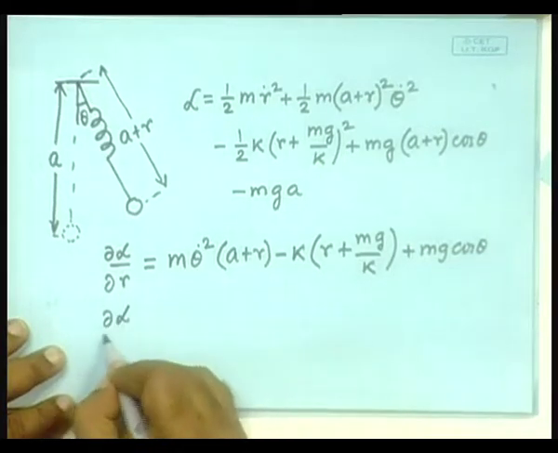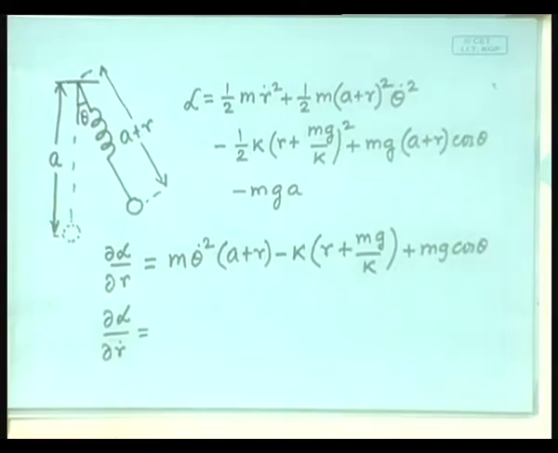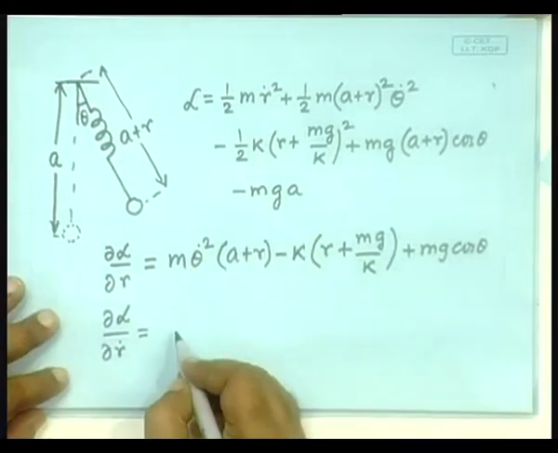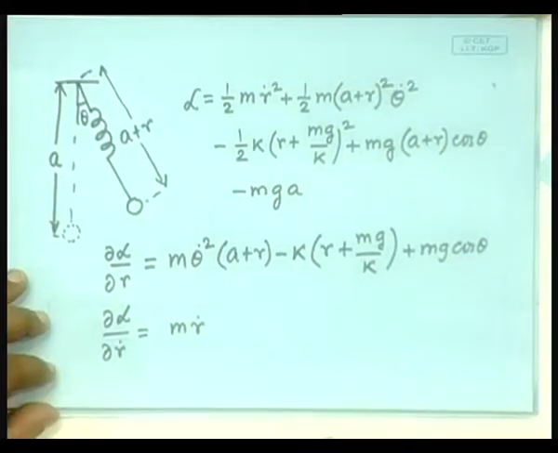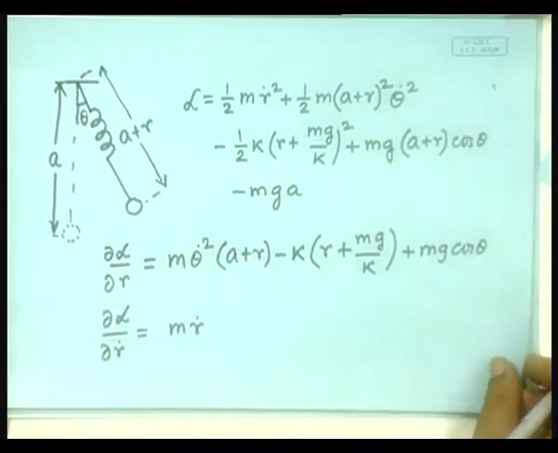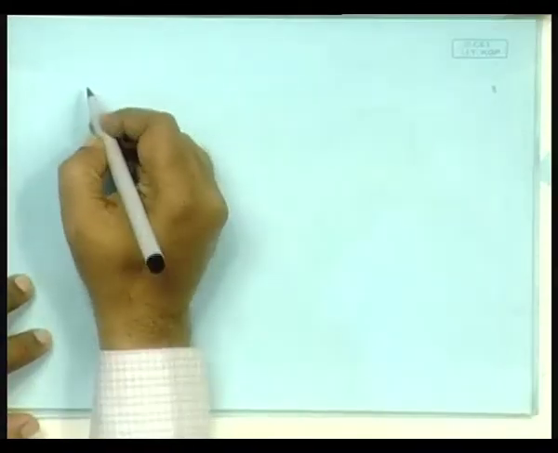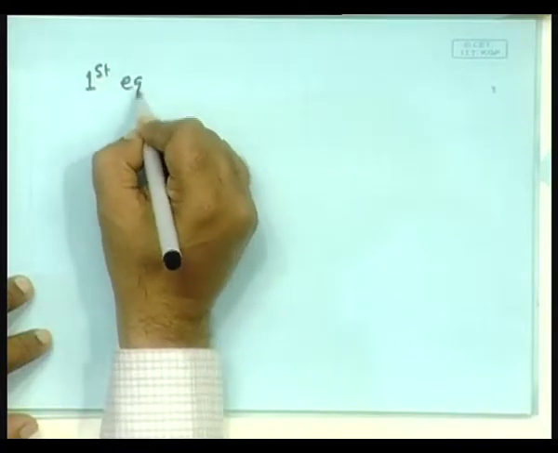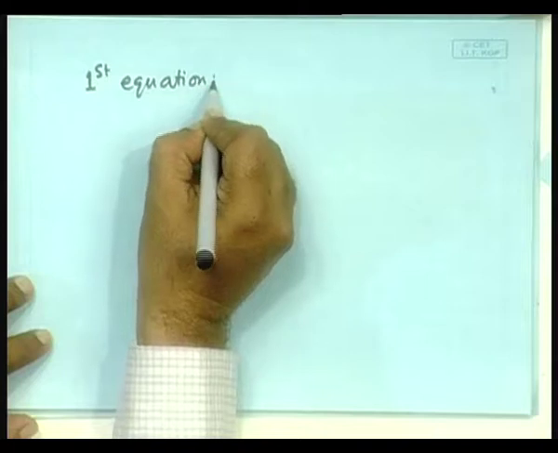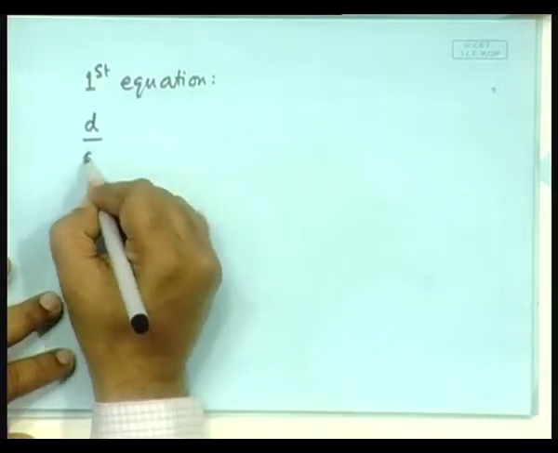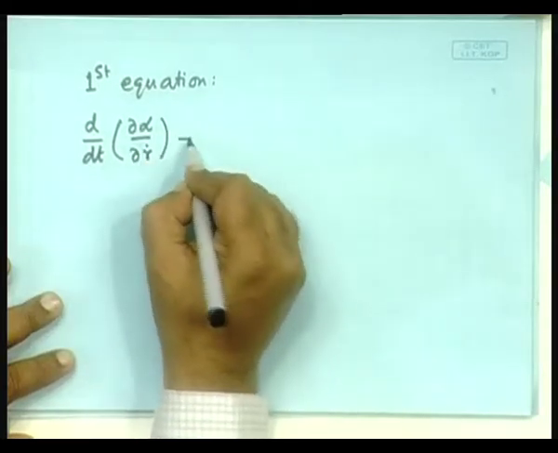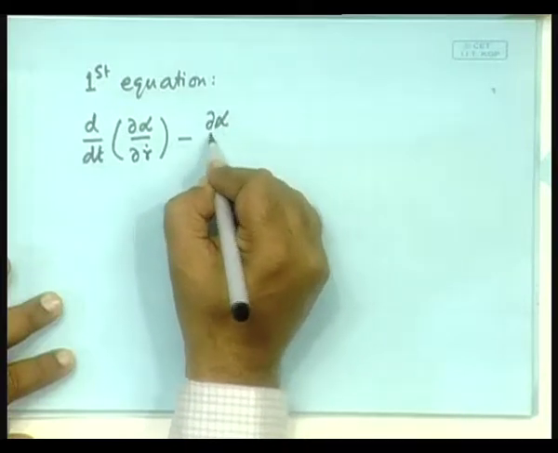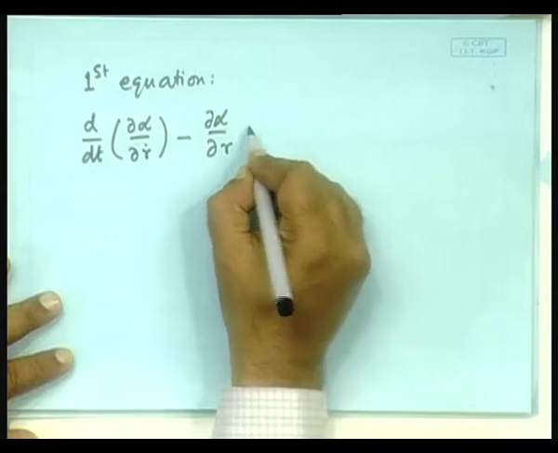Then with respect to r dot, what do you have? This remains. So, m r dot. You can see from these two I can write down the first equation, and that would be d dt of dou Lagrangian dou r dot minus dou Lagrangian dou r equal to 0.